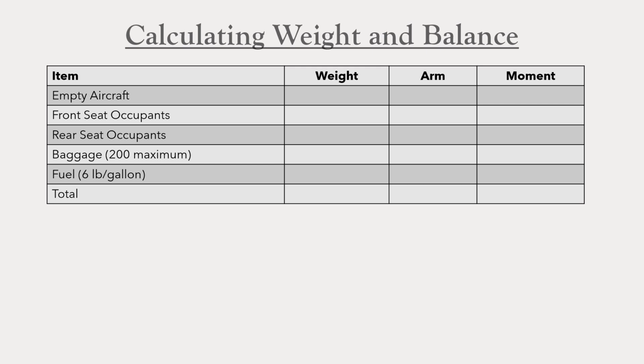So now that we understand why it's important to make sure that the center of gravity is in the acceptable range, let's talk about the calculations that you should do in order to verify that that's true.